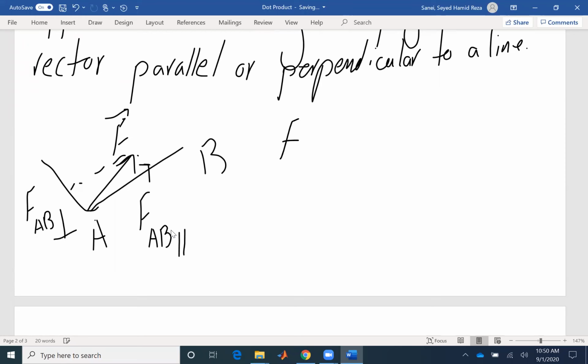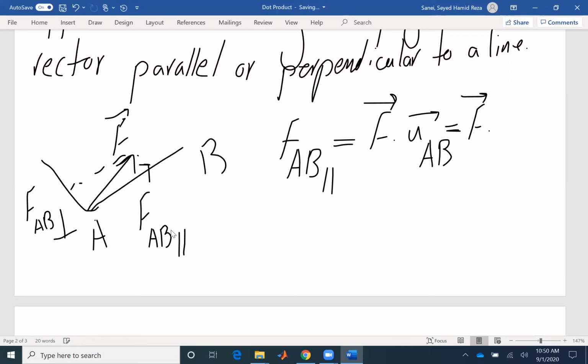And if you want to find the parallel component, F AB parallel, that's how I show the parallel component, it would be F dot U AB. What is U? It is the unit vector. What is the unit vector? It is the position vector divided by its magnitude. I can also write R AB, the position vector from A to B, over its magnitude.